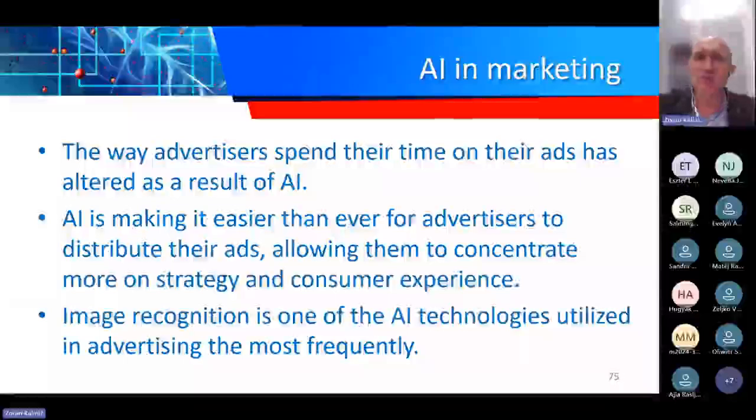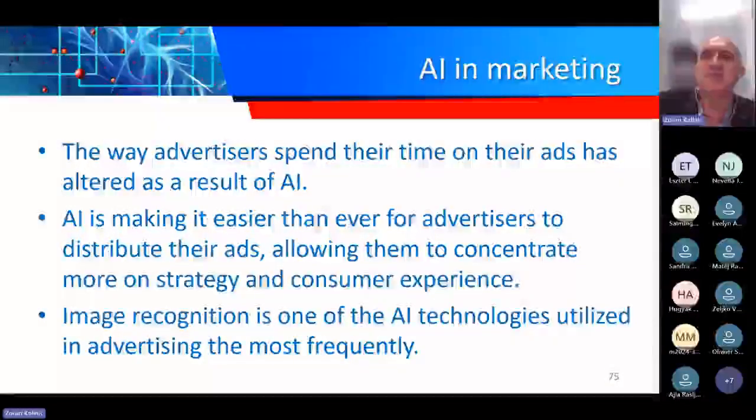And also what is used in advertising is image recognition. So systems are analyzing photos that you post on Instagram, for example, or Facebook or any other social network. And just by analyzing those photos, advertisers can see what your style is, what you like to wear, for example, some specific kind of shoes or some specific kind of hats.